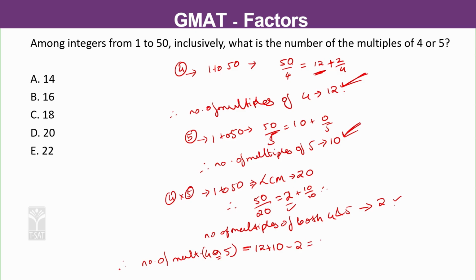So, 12 plus 10 minus 2 will be equal to 10 plus 10, that is 20. There are 20 numbers between 1 to 50 which are multiples of 4 or 5.